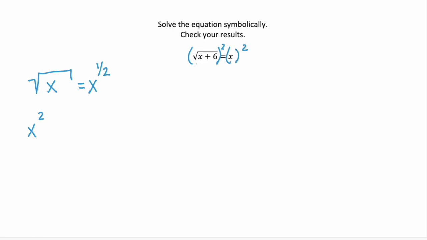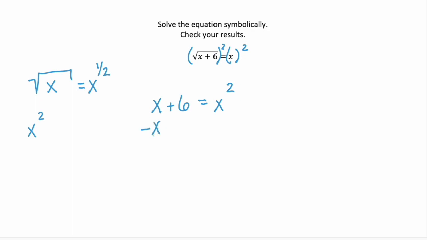And when you square a square root, you get just the radicand, which is x plus 6 in this case, equals the right-hand side, x squared. Now notice that we're going to have a polynomial here, so we need to move everything to the same side. And I'm going to move everything to the right because I want my x squared to remain positive.